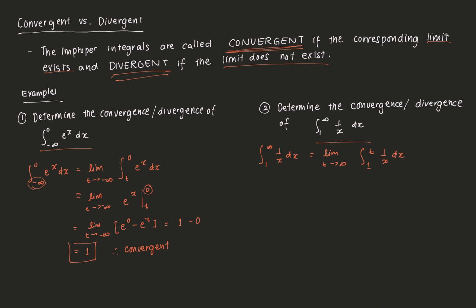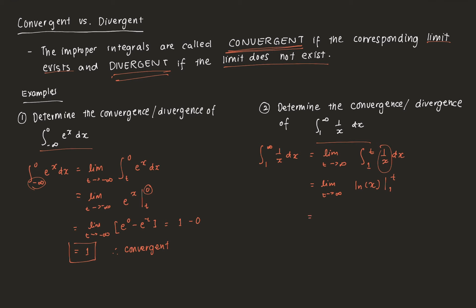The integral of 1 over x is just ln x, so this is the limit of ln x evaluated from 1 to t, right?